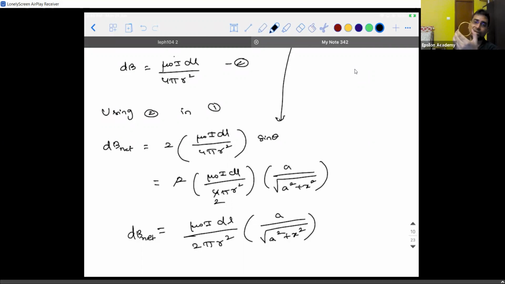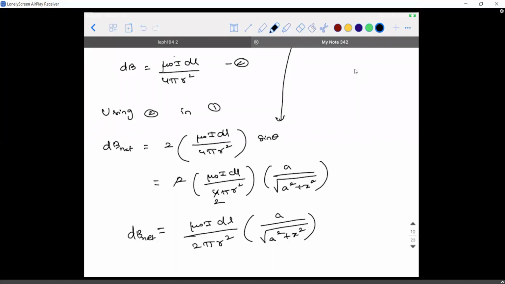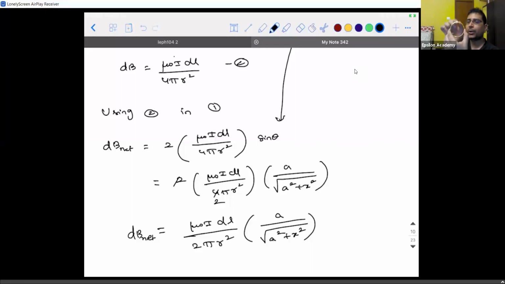But in this scenario, how many dls did we consider? 2. So 1 dl I took here, the other dl I have taken here. Let's say the dls are revolving in anti-clockwise direction. When the first dl reaches the bottom, what will the second dl do? It will reach the top.